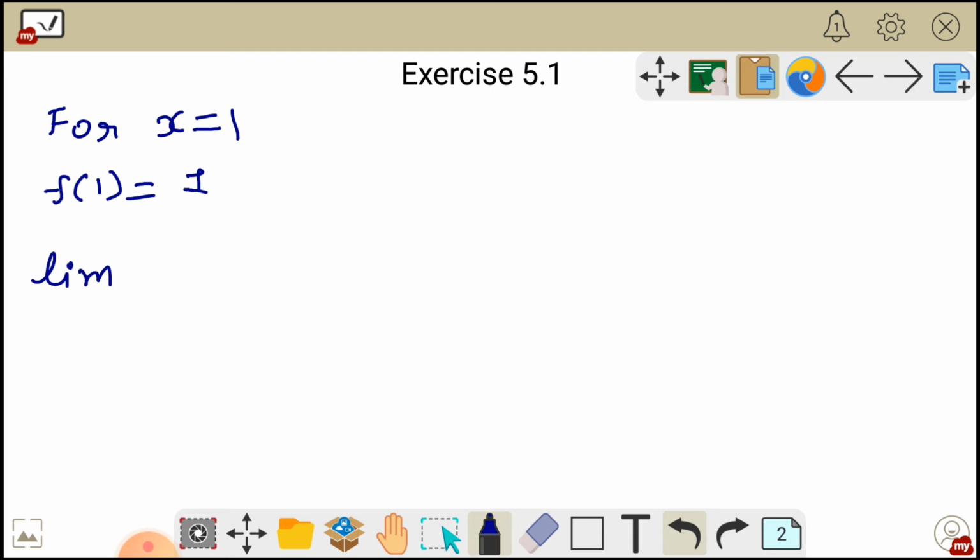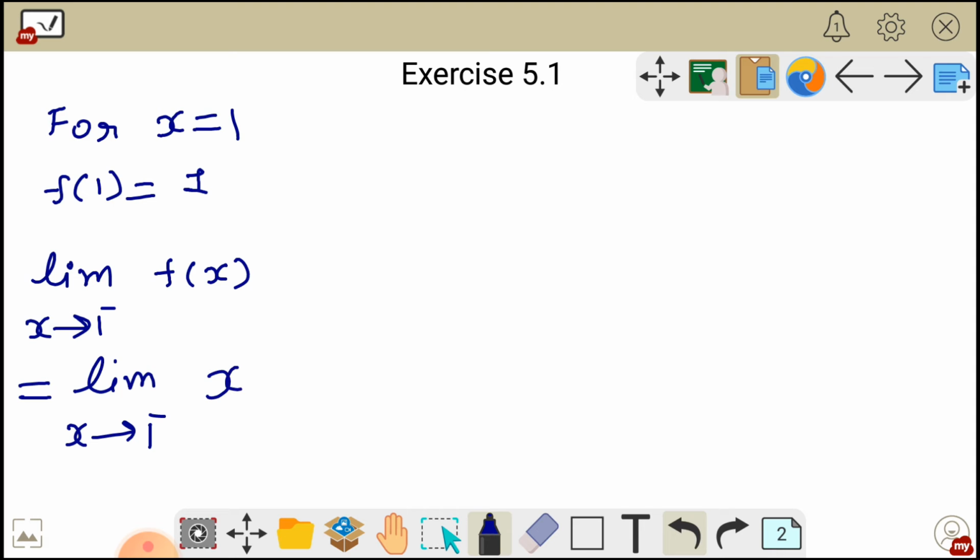So limit x tends to 1 minus, that means all the points which are less than 1, f of x is equal to limit x tends to 1 minus x, because the function is defined like that for all the points less than 1, which is equal to 1. So our left limit is 1.